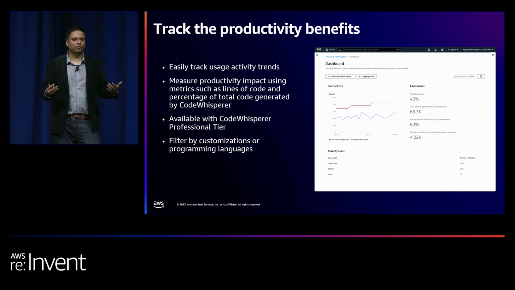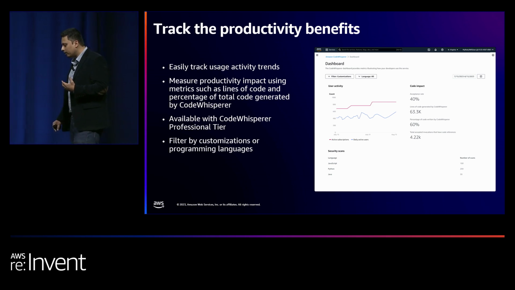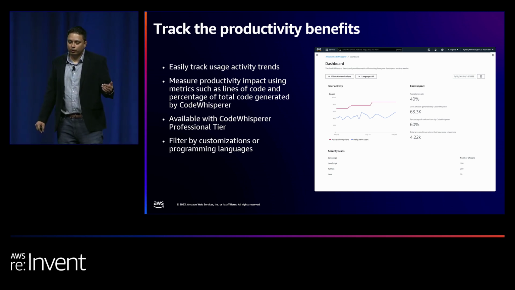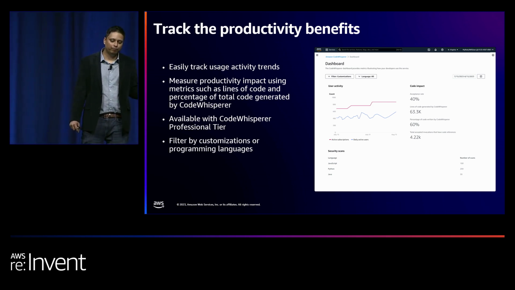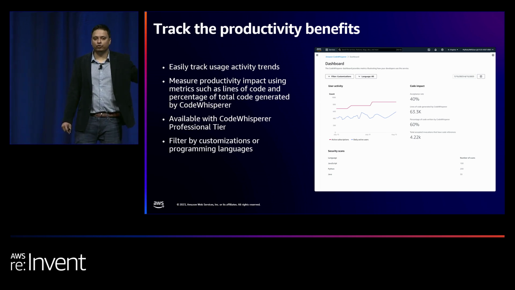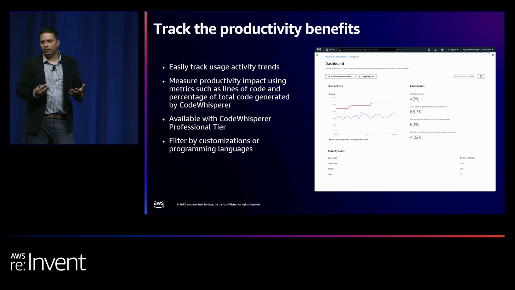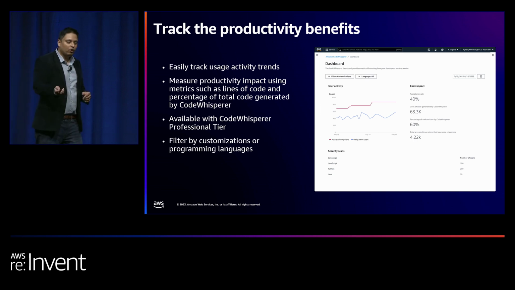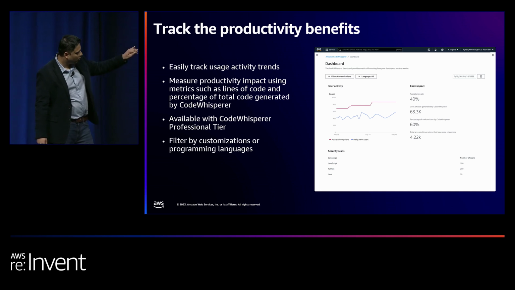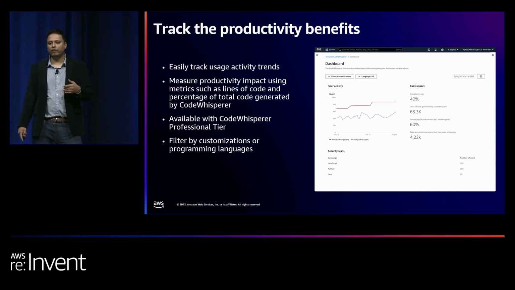How many of them were written by the developer manually, typed by hand, versus how many were written by the AI? This is also a very good indicator of whether the tool is being used by developers, as well as whether the tool is actually useful for developers. If they end up writing a lot of code themselves, once again, they're not actually seeing a lot of productivity benefits. We also have a section at the bottom about the number of security issues that have been found.